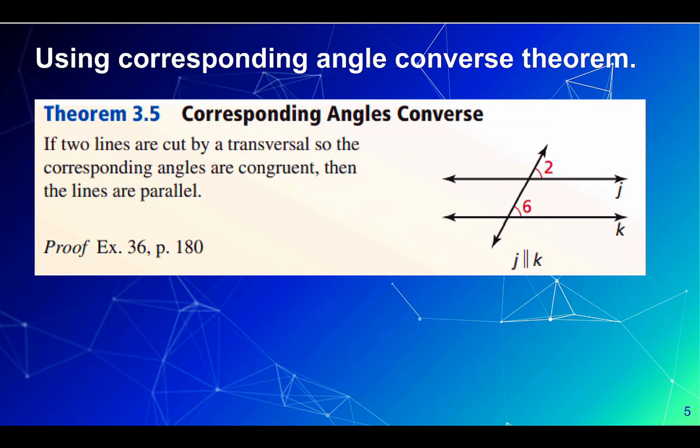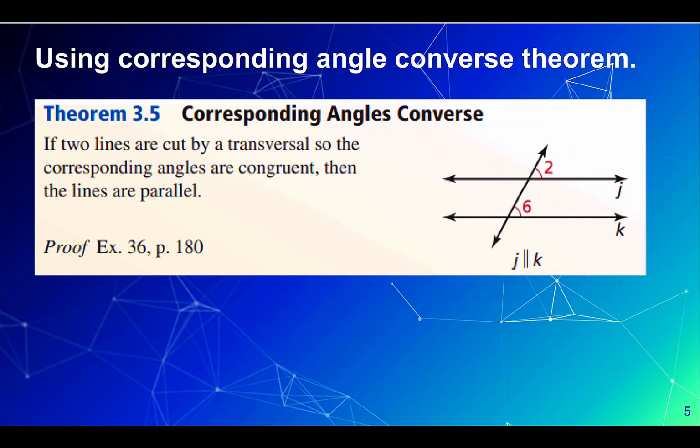Properties of parallel lines. Remember, yesterday we learned if two lines are parallel and cut by a transversal, then the corresponding angles are congruent. Well, today we're writing the converse. If two lines are cut by a transversal so that the corresponding angles are congruent, then we can say the lines are parallel.